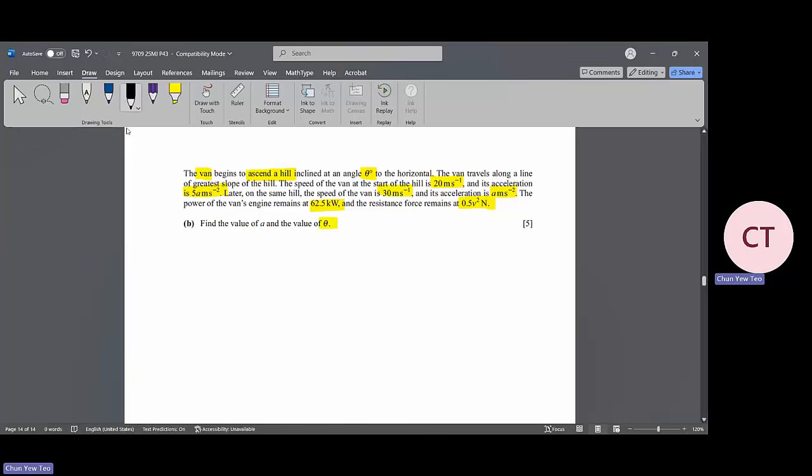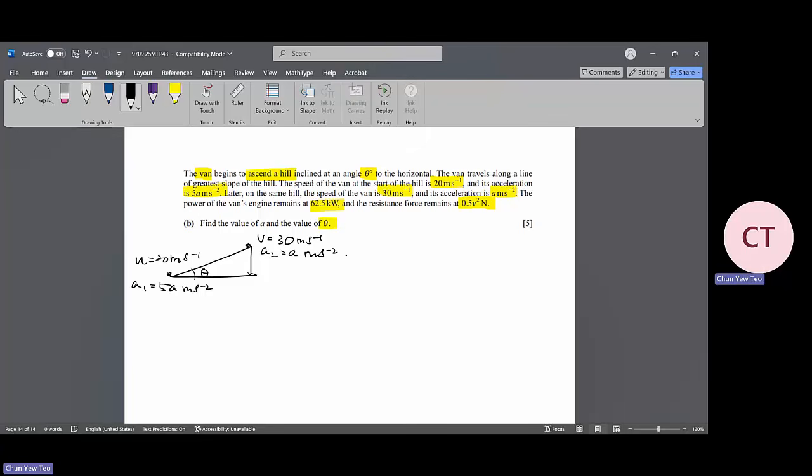Maybe we can draw a diagram over here. At here, your speed is 20. At here, your speed is 30. Your a2 is a, and your a1 is 5a meters per second squared.